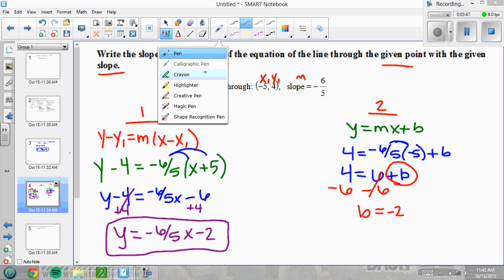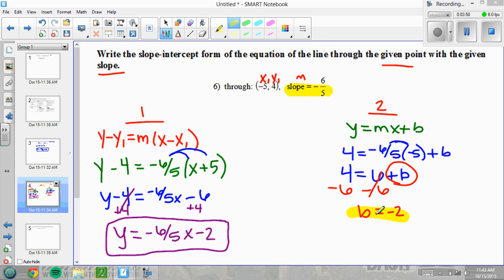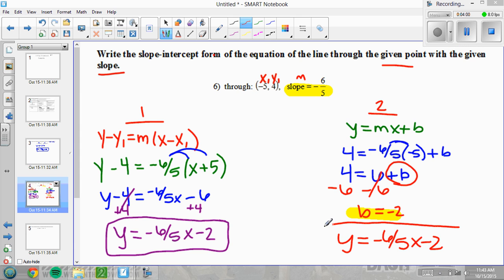Now we can take our slope and b and plug them into slope-intercept form. So y equals negative 6/5 x minus 2, which if you notice is the same thing, just like yesterday. So either method is fine. Really, I don't think one is shorter than the other. It's just whatever you're more comfortable with. So this is for numbers 5 through 10, I believe. Well, it's all the ones where they give you the point and the slope.